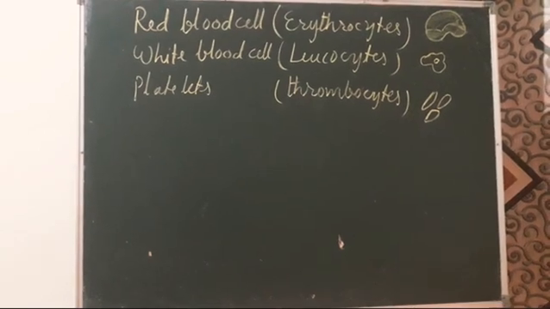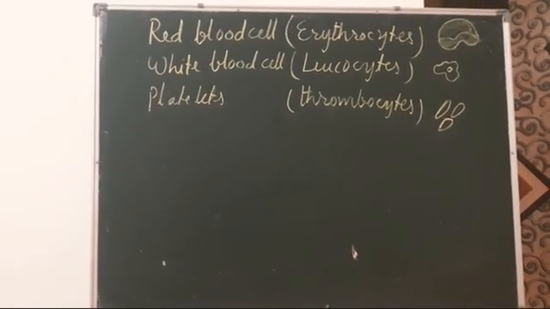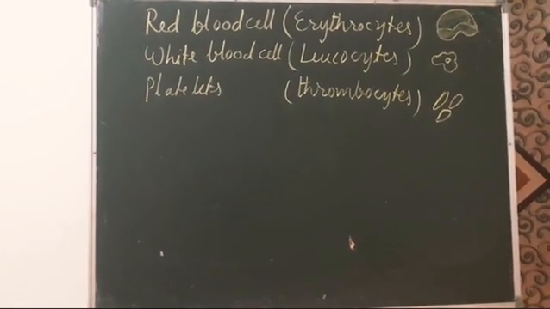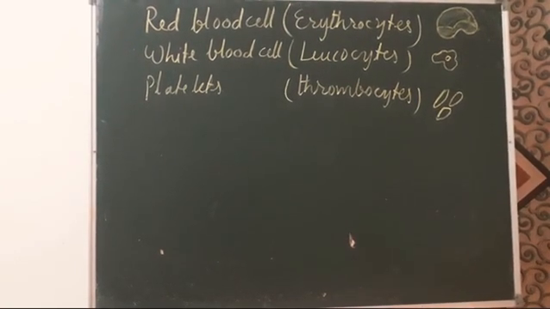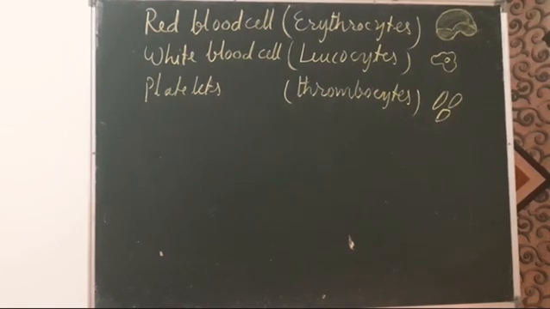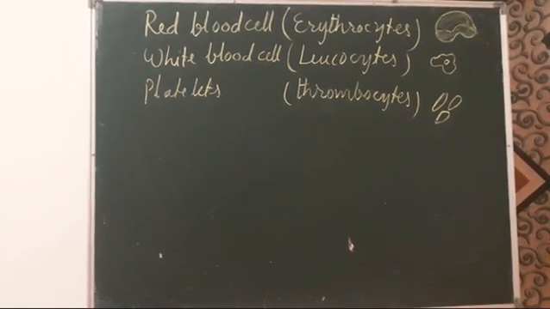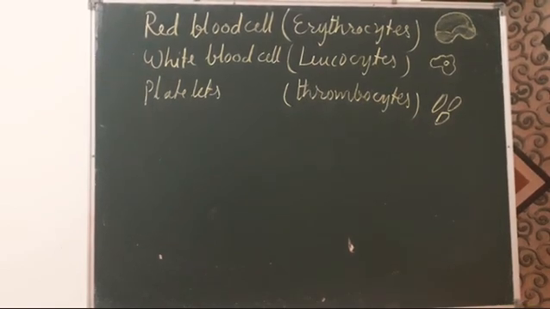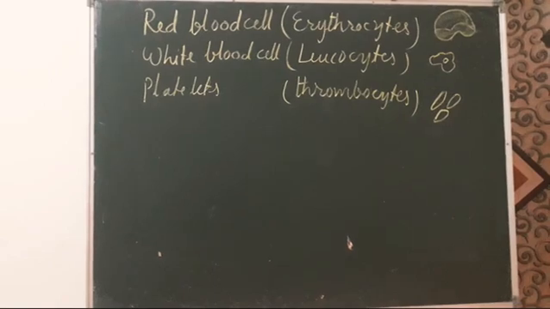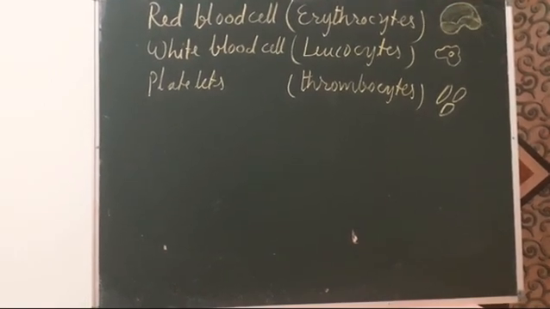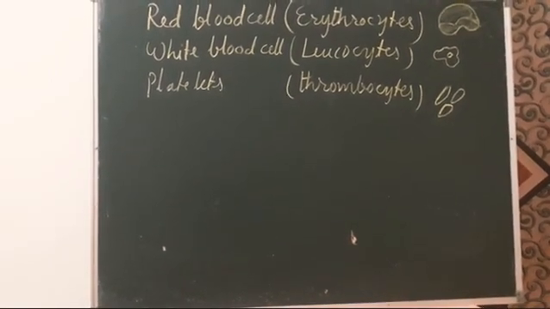So for that, the reason is loss of nucleus makes the RBCs biconcave, thus increasing the surface area to volume ratio for absorbing more oxygen, so that it can deliver the oxygen to the needy cells and tissues. So this is the reason for not having the nucleus.